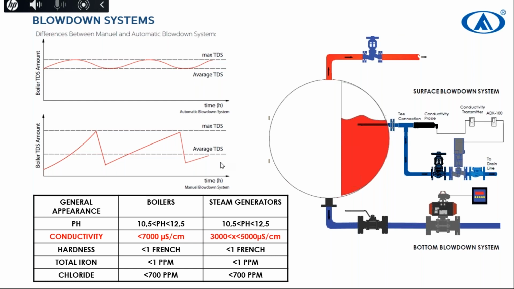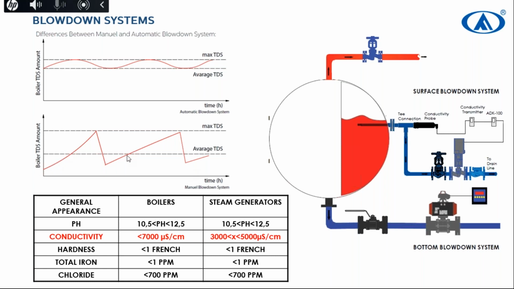Blowdown can be made automatically or manually. But if your factory makes blowdown manually, it means you will have some unnecessary energy waste, or you will have more wastewater. This is what I mean.